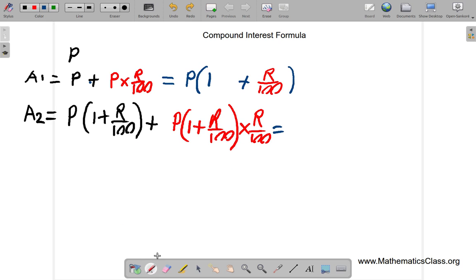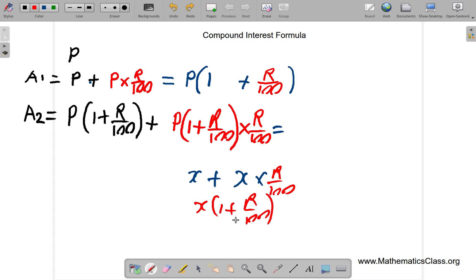So it's similar to you saying you had x plus x times R over 100. You see that? It's a similar thing like that. And we put x outside the bracket and say 1 plus R over 100.